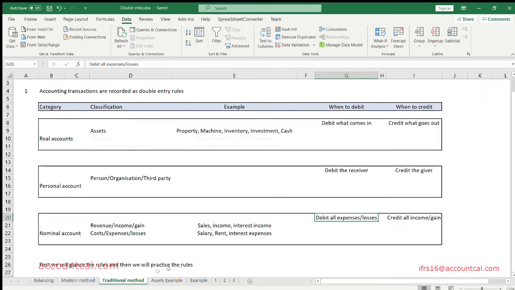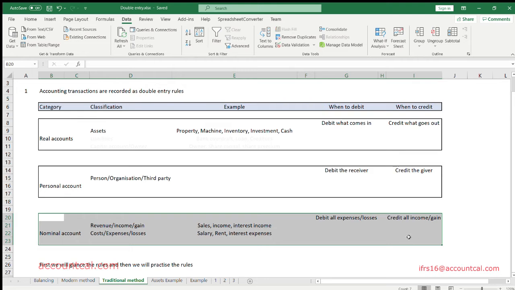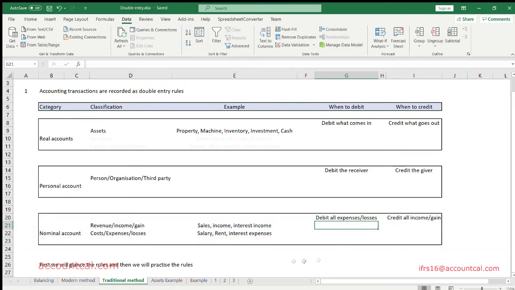Let's understand the same concept in the traditional method. They say the same thing but in a different language, in a different manner, I would say. These are called nominal accounts, and what it says is: debit all expenses or losses, credit all income or gains.